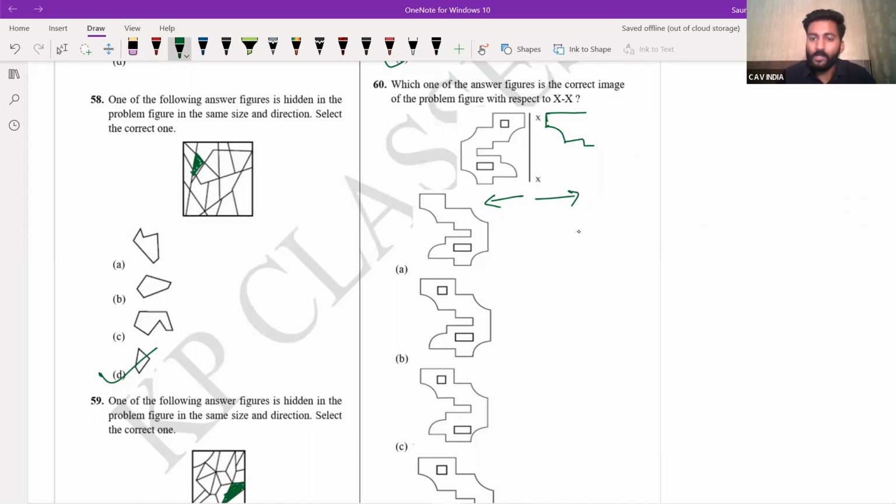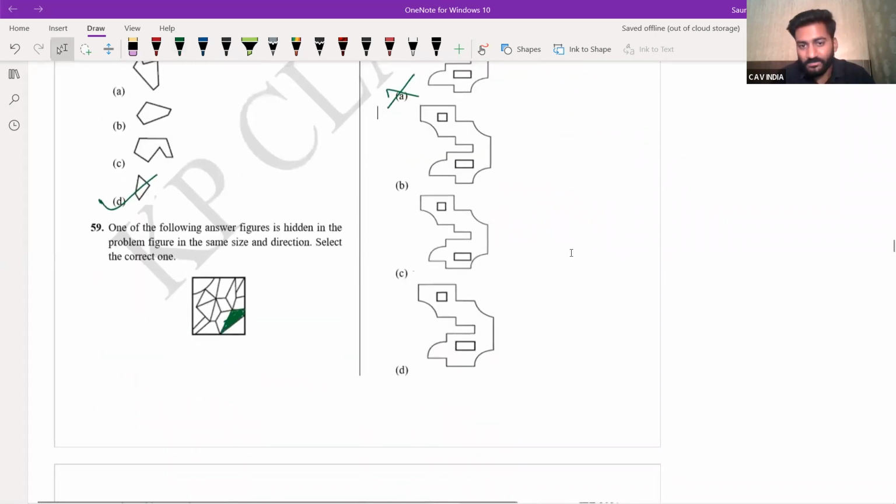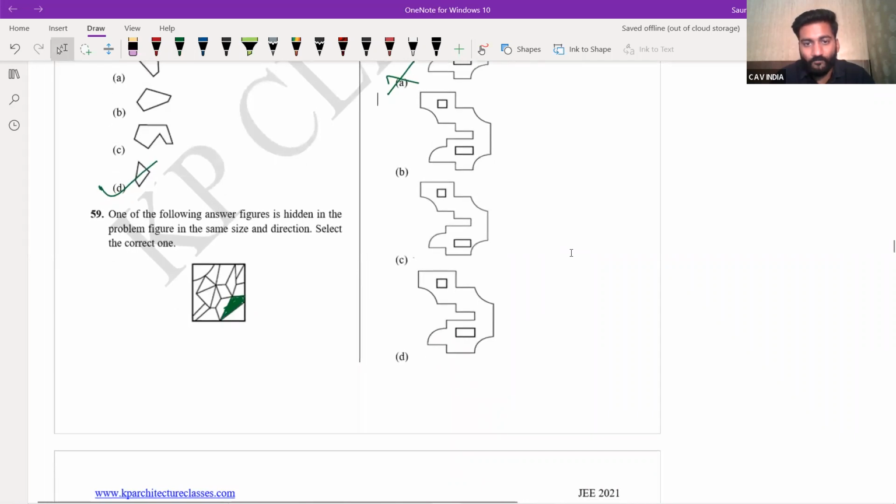Another thing is, if you just observe the given options, these two things should be there. It is not here in A, so A got cancelled. Then in B, C, and D, one thing we can see is these two are in one line, whereas they are not in one line here.